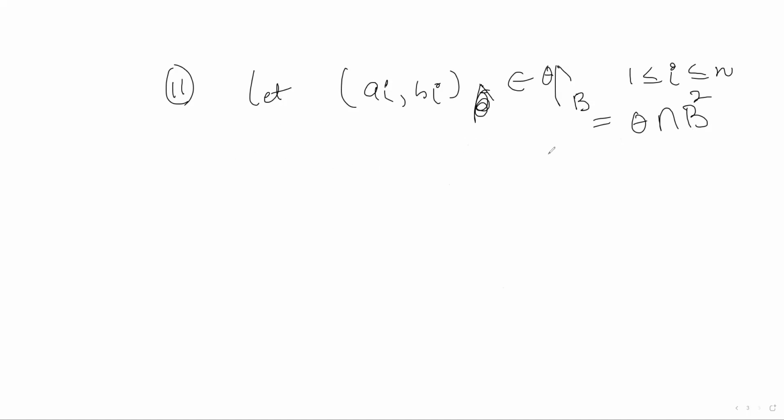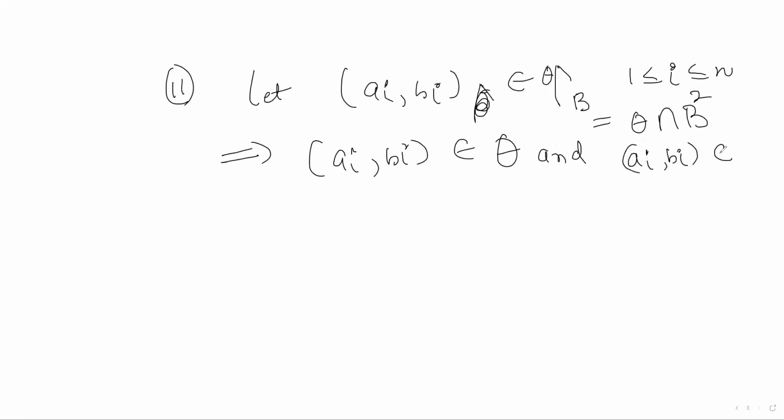Okay. So this means what? a_i, b_i, they are in theta, and the pairs a_i, b_i, they are in B square. That is, you can say that these a_i, b_i belong to B, where 1 less than or equal to i, less than or equal to n. Now a_i, b_i belong to theta, and theta is a congruence.